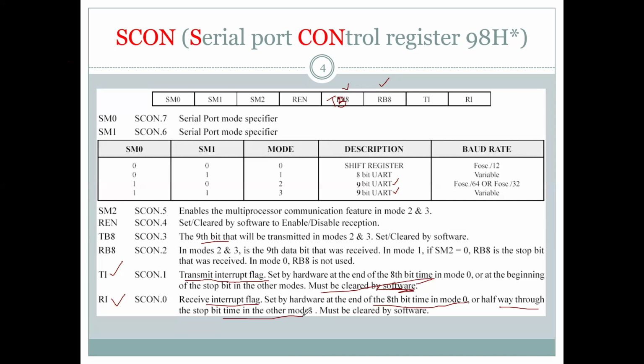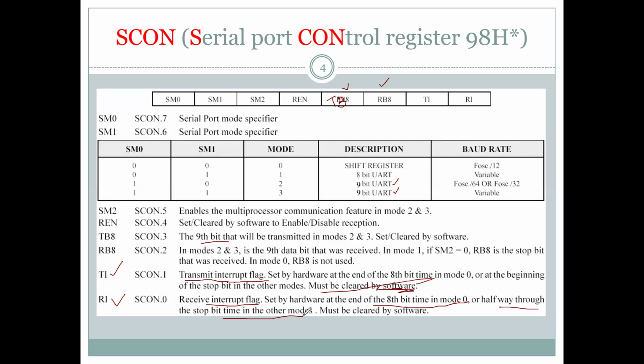Similarly, RI. Upon receiving RI = 1, the CPU will read the data and it has to be cleared by the CPU so that the receiver will start receiving the next data. If RI is not cleared, the next data byte should not be received, because SBUF has not been read by the CPU.